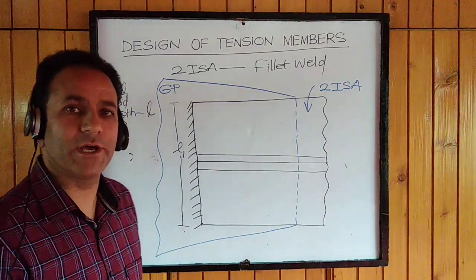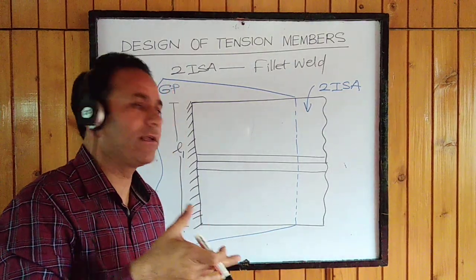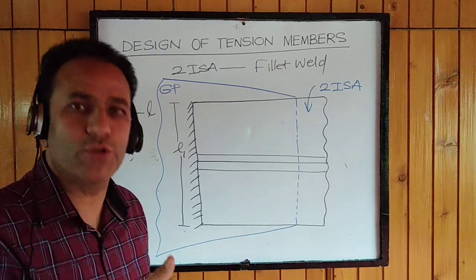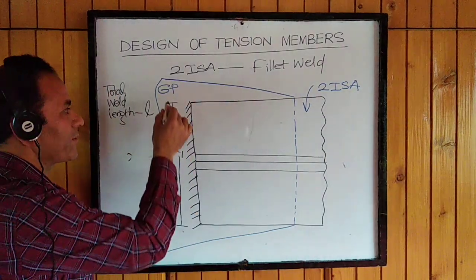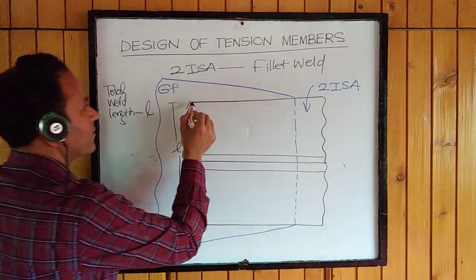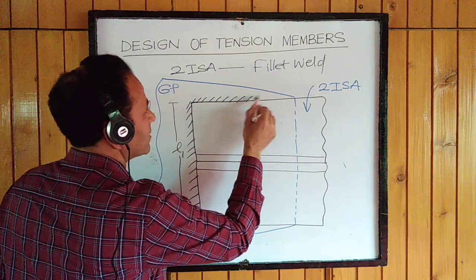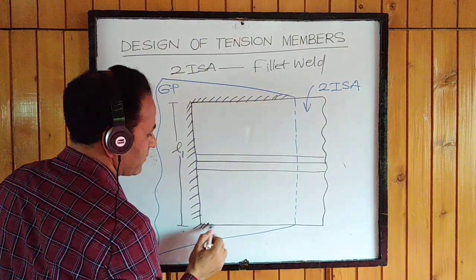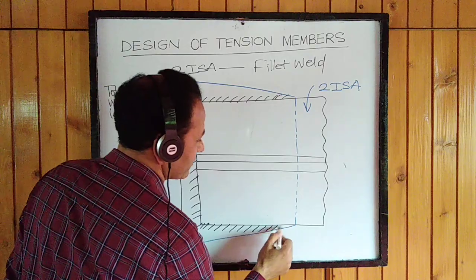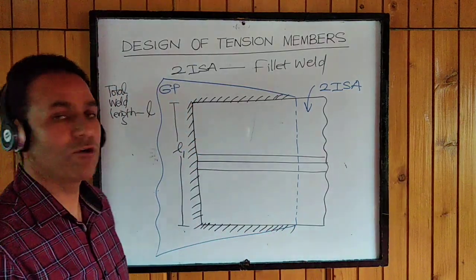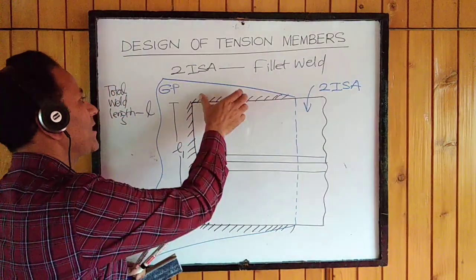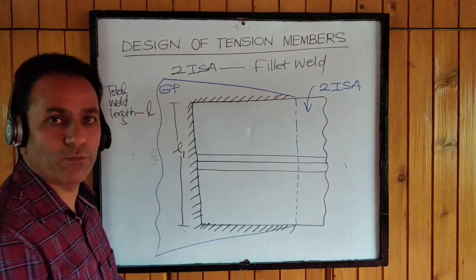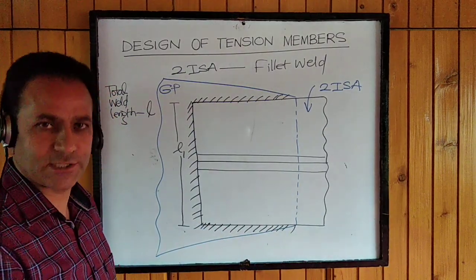L1 will include the length of the connecting leg for both the angle sections. Then, as we saw in the previous case, we could not provide equal length welds at the top and the bottom because the section was unsymmetrical.